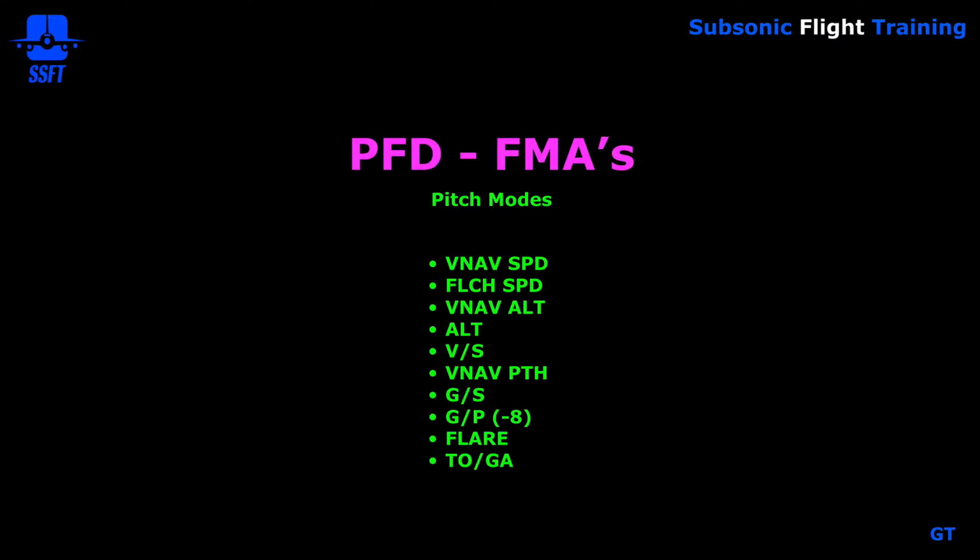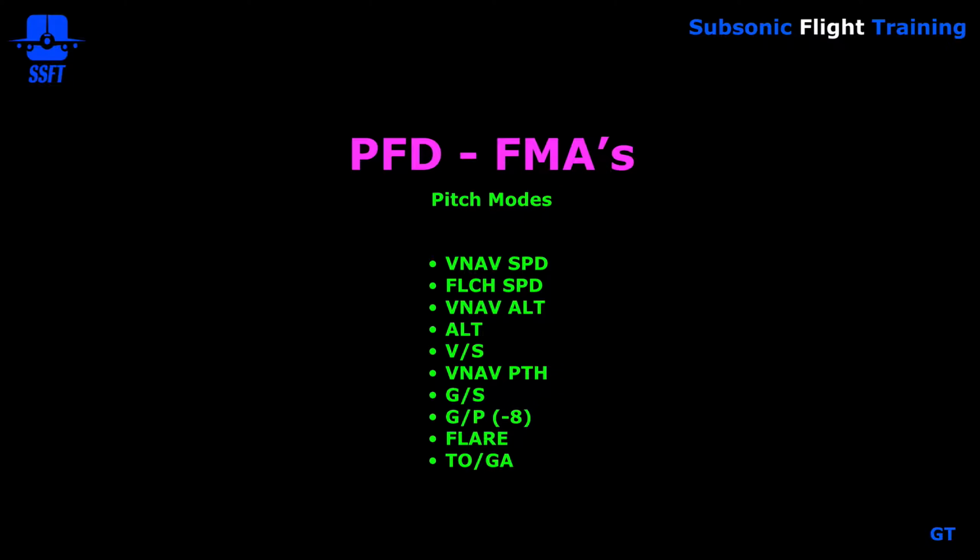Pitch modes would be VNAV speed, flight level change speed, VNAV altitude, altitude, V/S, which is vertical speed, VNAV path, G/S, which is glide slope, flare, and TOGA, which is takeoff go around.